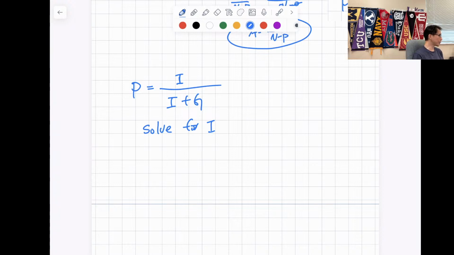Winston's already finished. Is P equal to I over I plus G? Solve for I. Winston, are you a junior or senior?